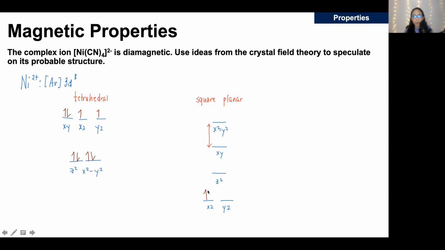Now we cannot place the 5th electron here because of the crystal field splitting, so we go back here, 5, 6, 7, 8. And this explains the diamagnetic property of this tetracyanonickelate(II) ion. So our conclusion is its structure is square planar.